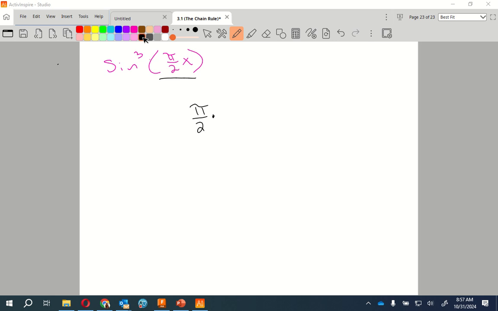Derivative of the outside, sine, is going to give me cosine.